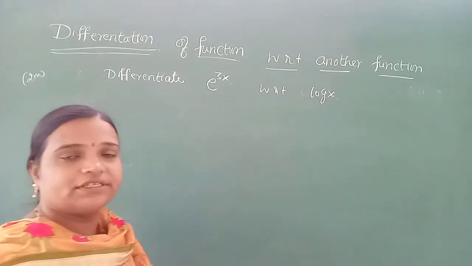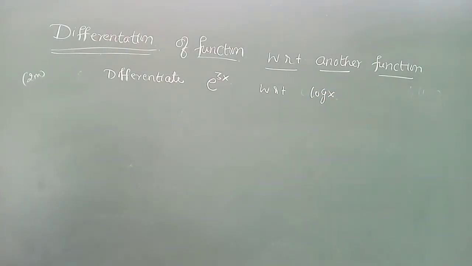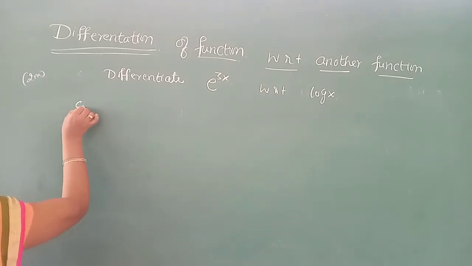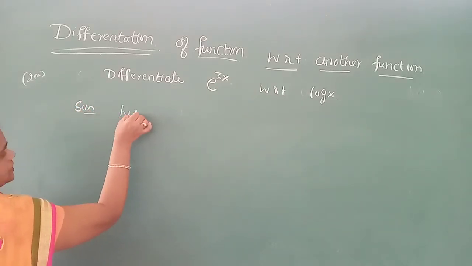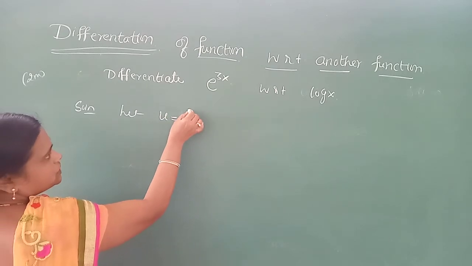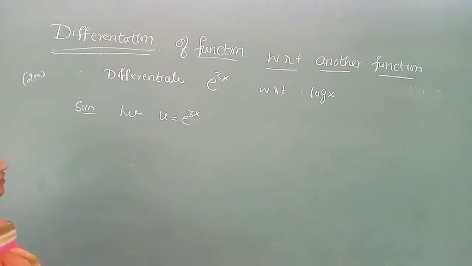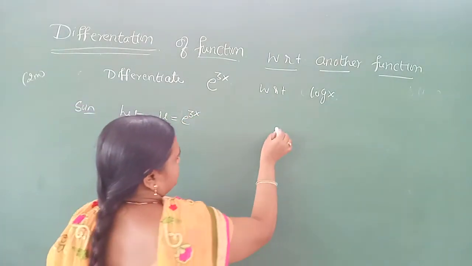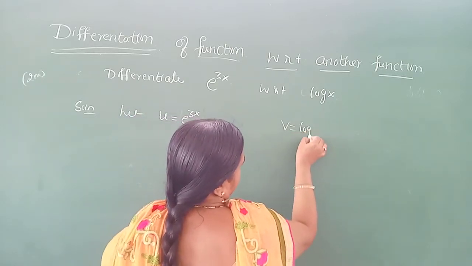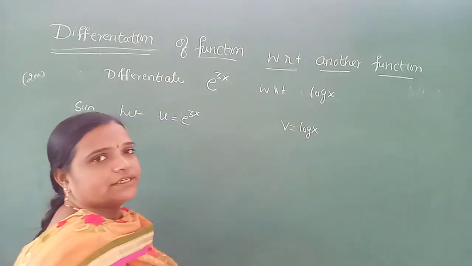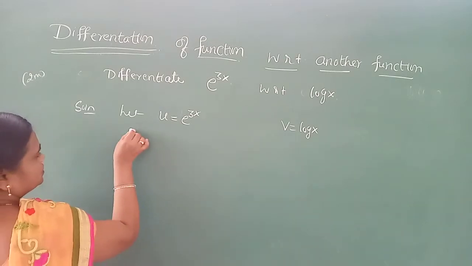Differentiate e to the power 3x with respect to log x. Take the solution. Let us consider u is e to the power 3x and v is log x. Okay, let's do the differentiation.